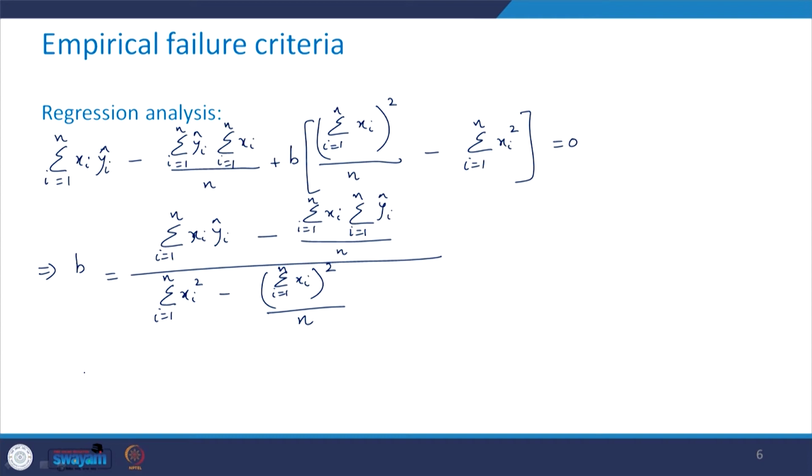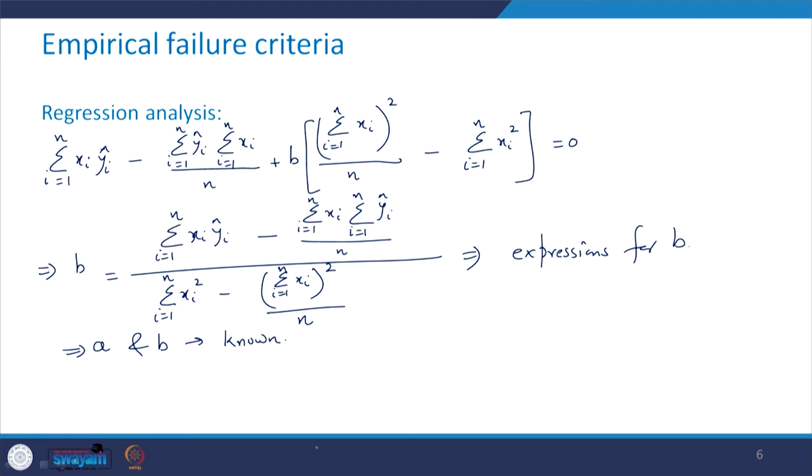So, this is how we can obtain the expression for b, and for a we have already obtained. So, now we know a and b, they are known to us.